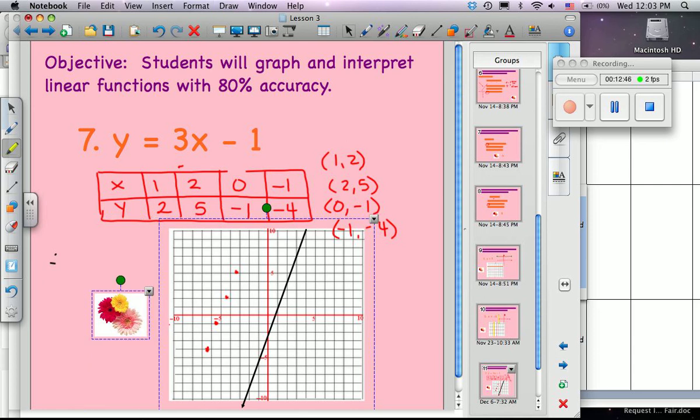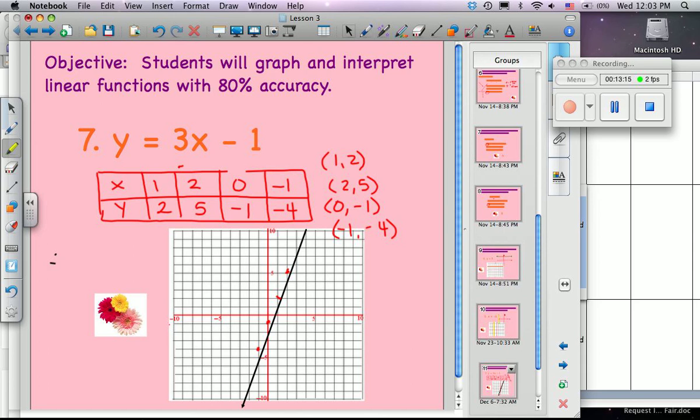All right. So we're going to, oops, I moved it. Let's do it one more time. Sorry. 2, 2, 5, 0, negative 1, and negative 1, negative 4. Okay.